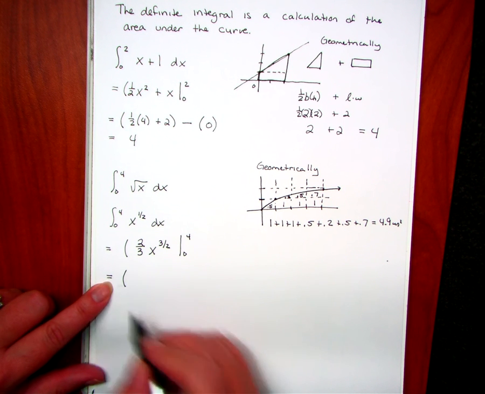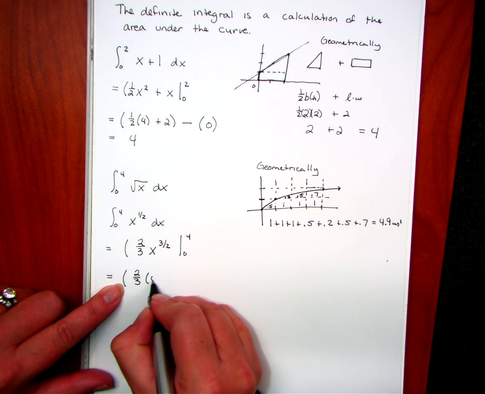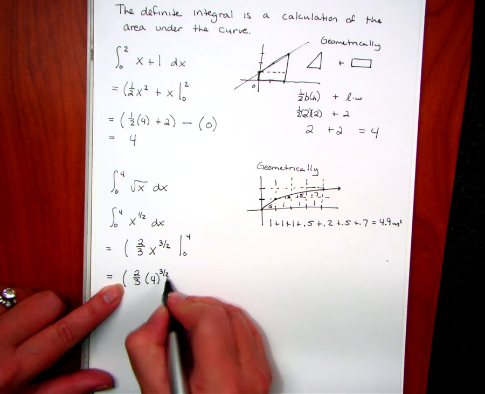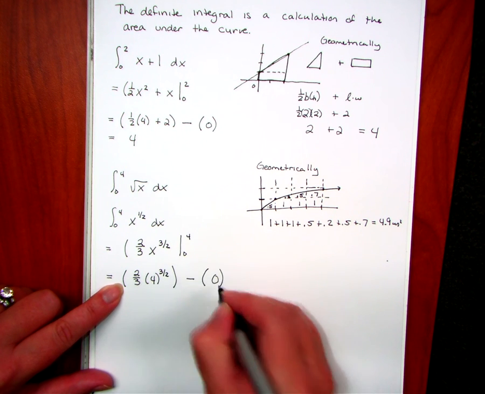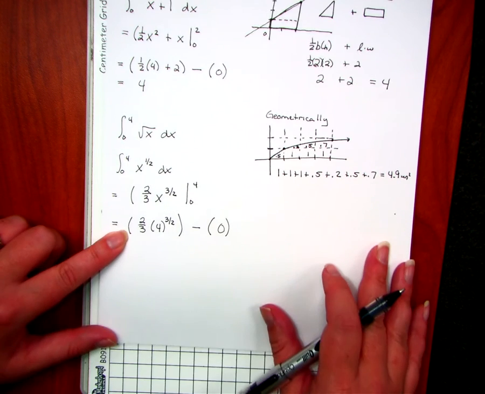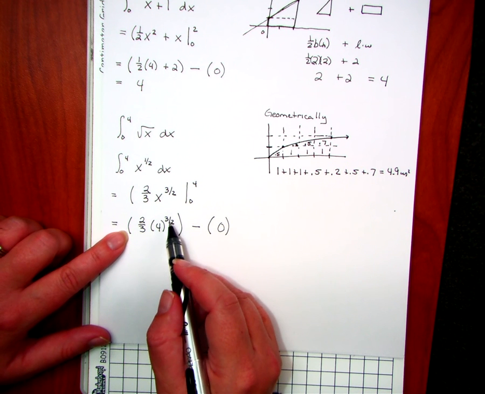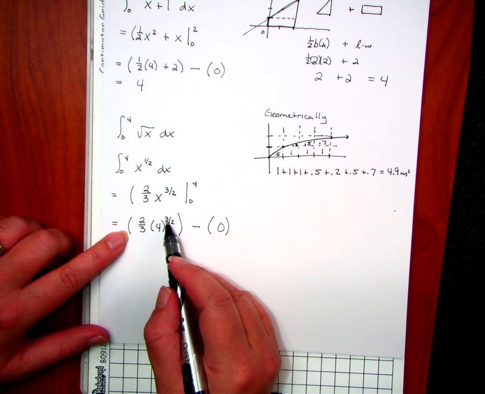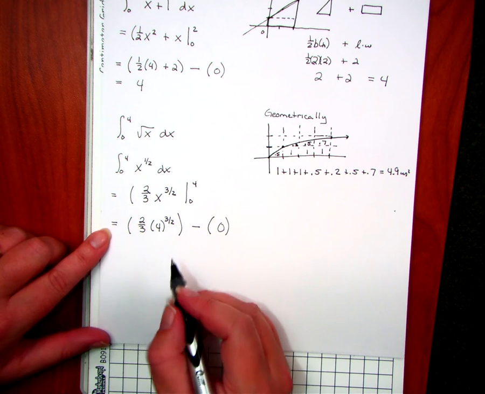So plug the 4 in first. We're going to get 2/3 times 4 to the 3/2 minus, if I plug 0 in there, I'm just going to get 0. Right? So 4 to the 3 halves, 4 cubed is 64. 64 to the 1/2 power is 8.